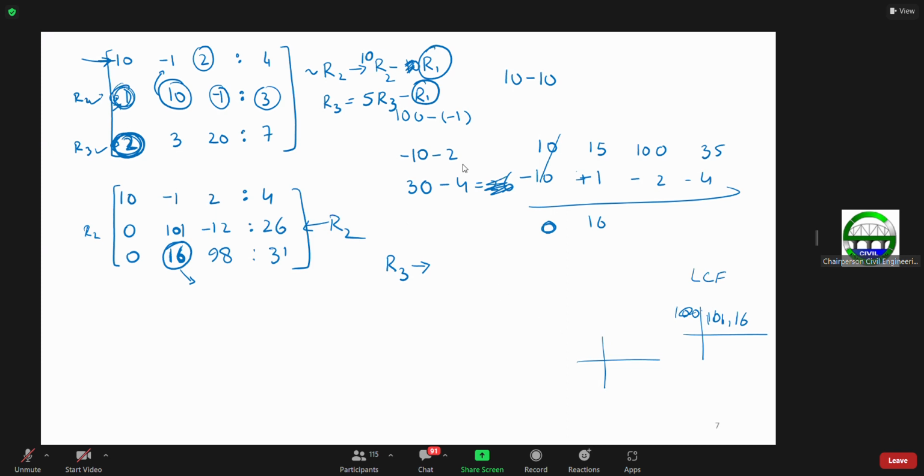16 multiplied by 101. Okay, 1616. So multiply this one with 16 and multiply this with 101. So what I'm gonna do, R3 will be equal to 101 R3 minus 16 R2.